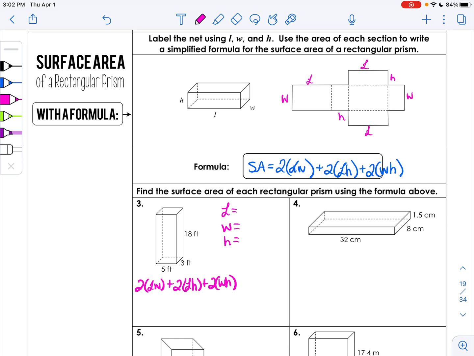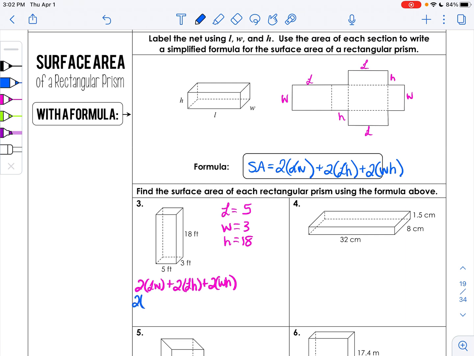So the length of this one is 5, the width is 3, and the height is 18. So if you know the formula and you can identify what the length, width, and height are, you can just plug it into the formula.